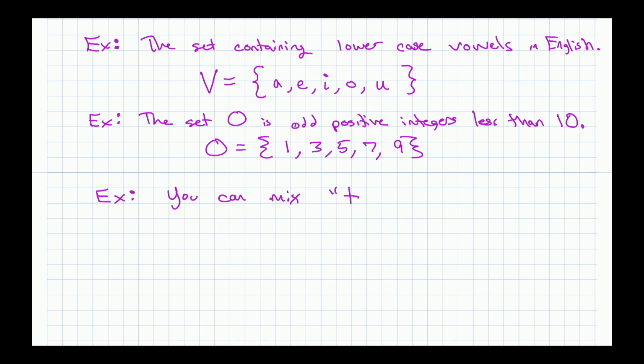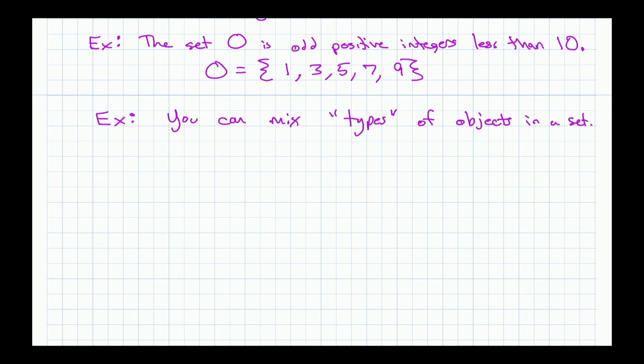types of objects in a set. So for example, if I say the set S is curly braces because we're opening a set, what's inside of the set? Could be anything.